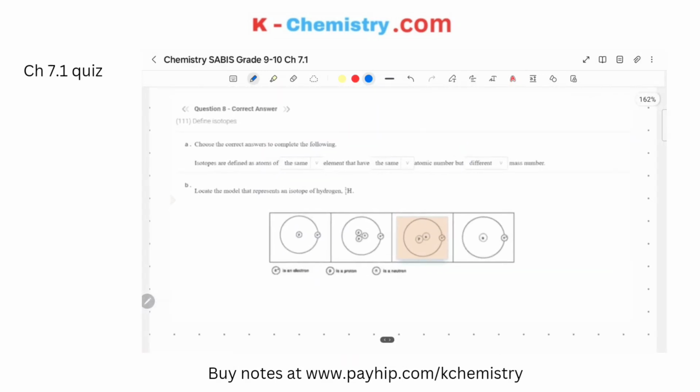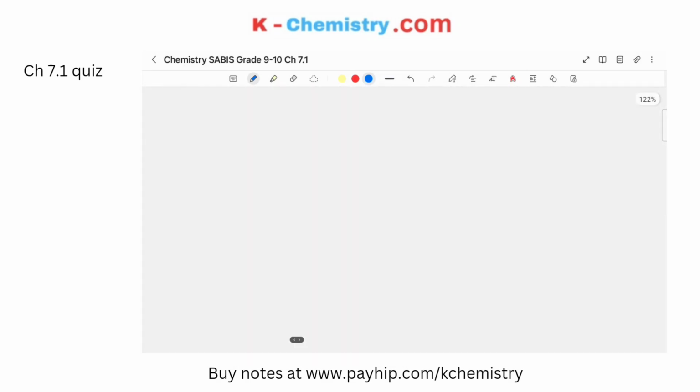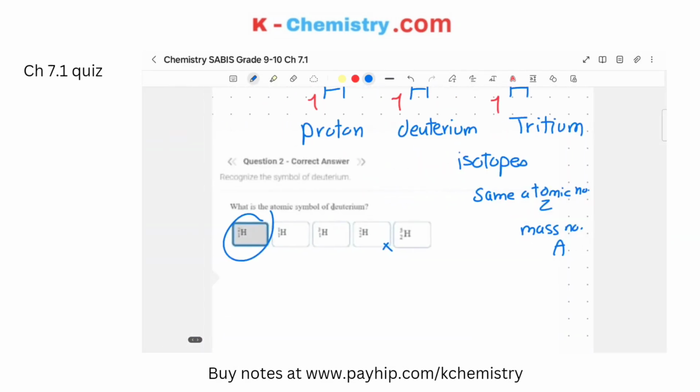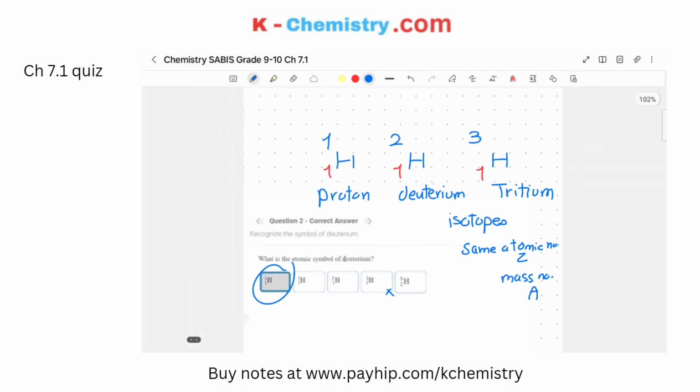The isotopes, the same we explained here in the hydrogen isotopes. These are atoms of the same element. You see here, they are all hydrogen atoms. They have the same number of protons. They all have 1 proton because they are the same element. If they had a different number of protons, they wouldn't be the same element.